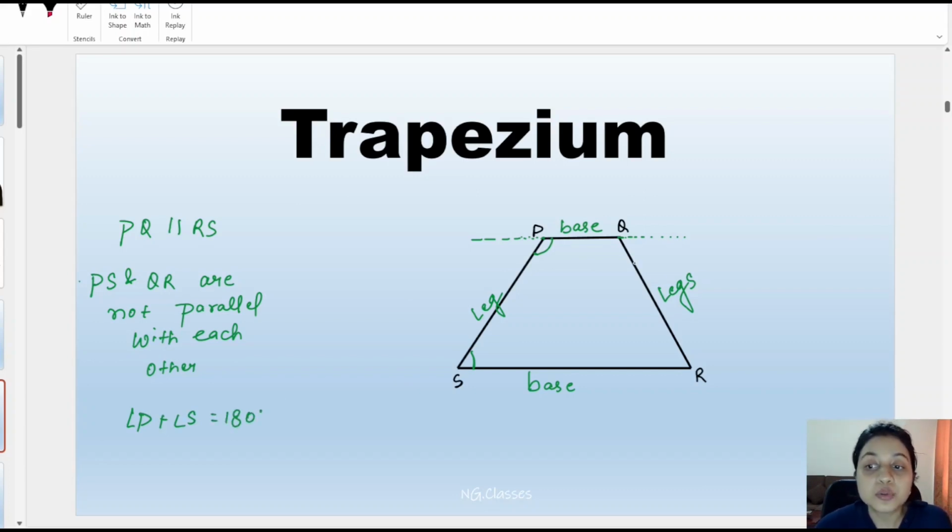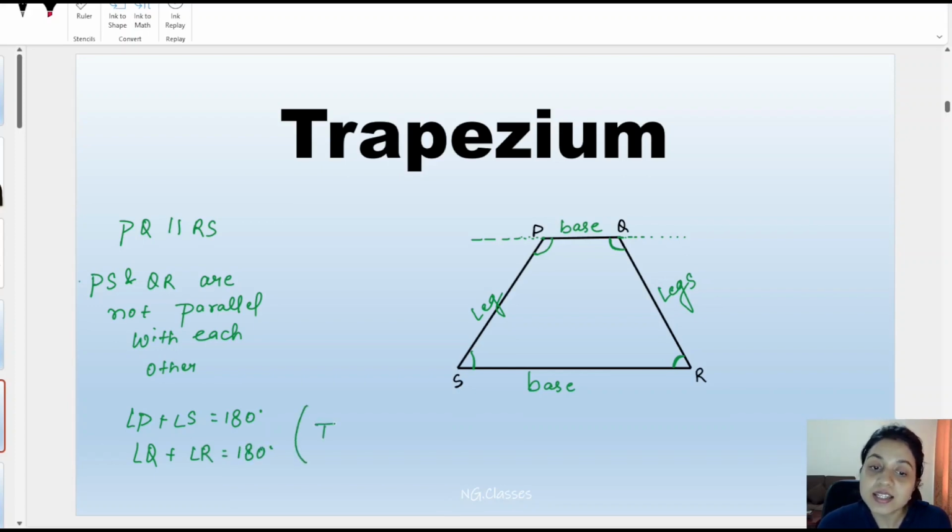Similarly, QR also acts as a transversal in between parallel lines PQ and SR. So we can also say that angle Q plus angle R is equal to 180 degrees.